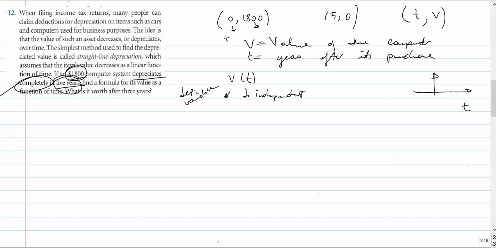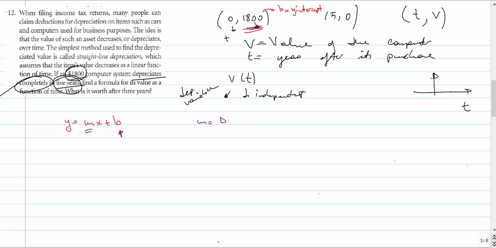Now here, because I know a value where the t value, which is the x value, is 0, then I know this is your b, which is your y-intercept. So my equation is y equals mx plus b. I know the b, which is 1800. I need to find the slope.